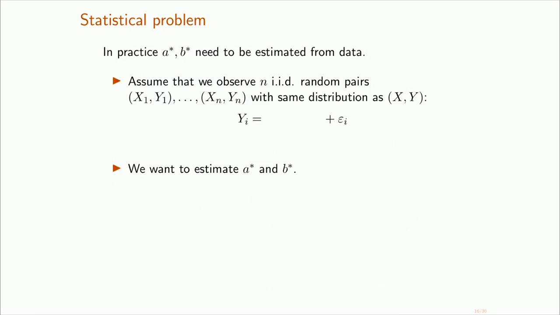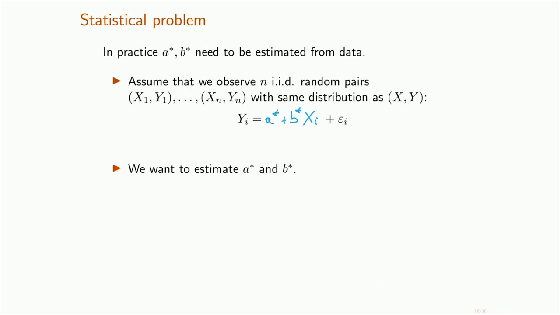And saying that they have the same distribution means that they're also of the form yi is equal to a star plus b star xi plus epsilon i, okay? They're all close to the line up to this epsilon random variable noise, which will be of mean 0 and covariance 0 with x, okay?